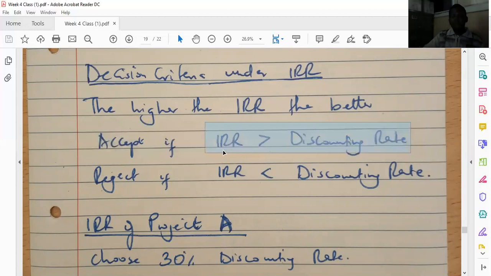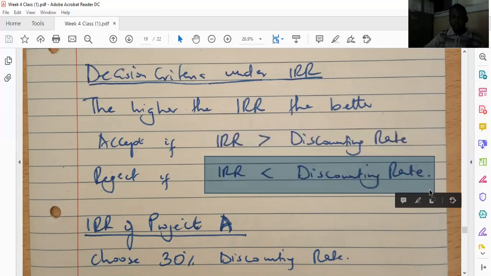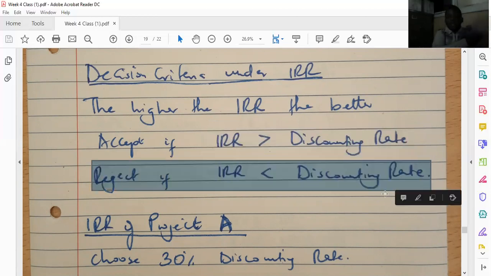But if the IRR is less than the discounting rate, we reject the project.